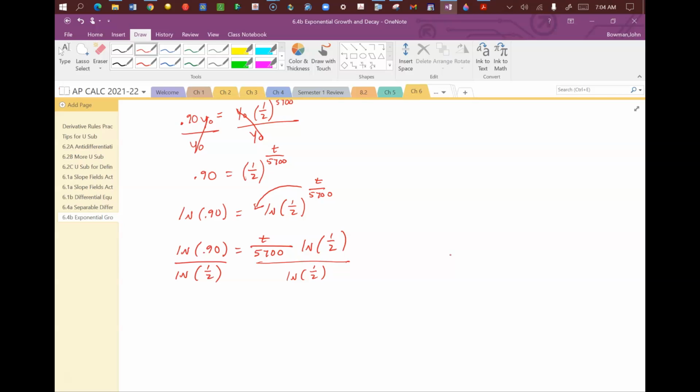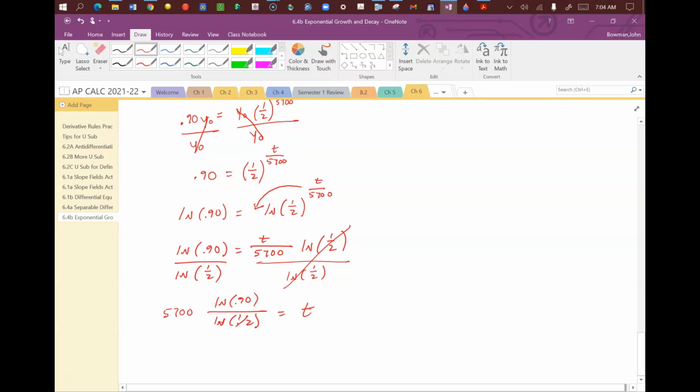Here we have two separate logs, so we can't use that property. Natural log of 1/2 cancels out on both sides. Multiply both sides by 5,700, and we get 5,700 times the natural log of 0.90 over the natural log of 1/2 is equal to t.